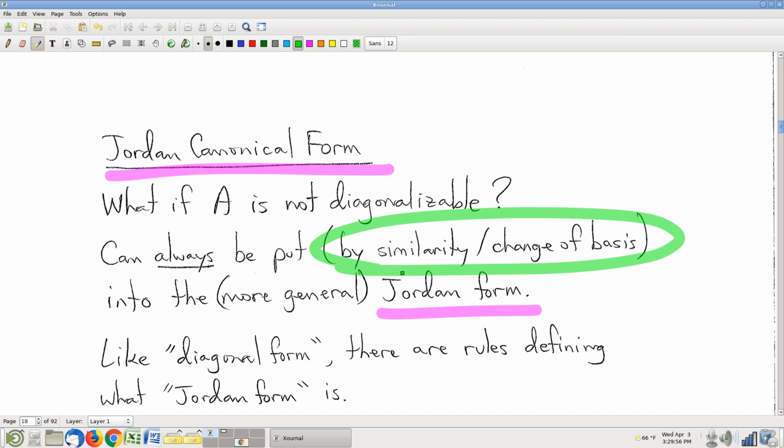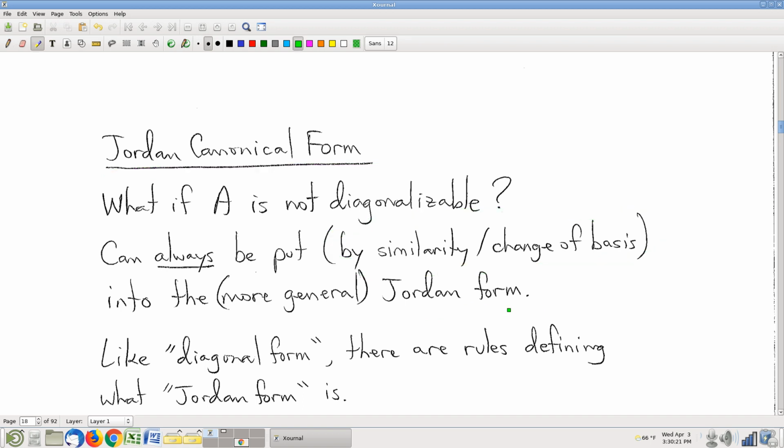We're interested in an underlying linear transformation. We're interested in things that preserve that underlying linear transformation. So by way of change of basis, aka conjugation, similarity, we want to understand that linear transformation. So when I say we can put it into Jordan form, I mean by way of conjugations, change of basis, similarity.